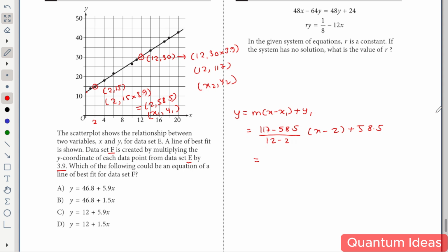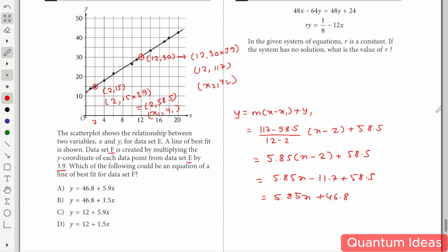So 117 minus 58.5 divided by 12 minus 2, which is 10, gives 5.85. So y equals 5.85 times x minus 2, plus 58.5. 5.85 times 2 is 11.7, and 58.5 minus 11.7 is 46.8. So y equals 5.85x plus 46.8.